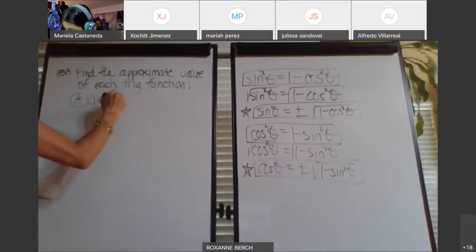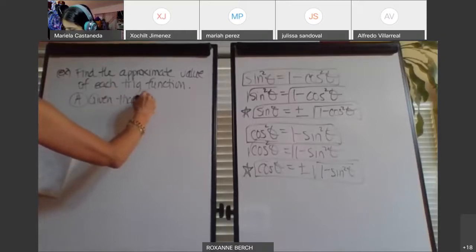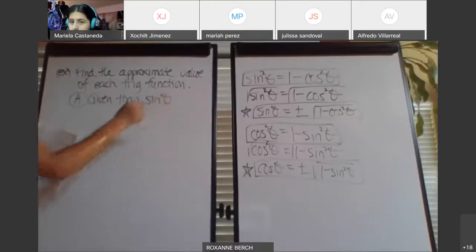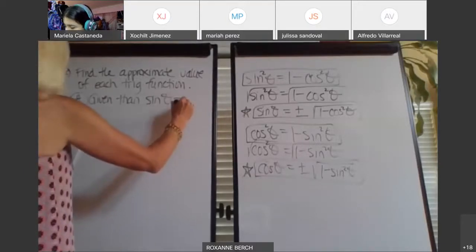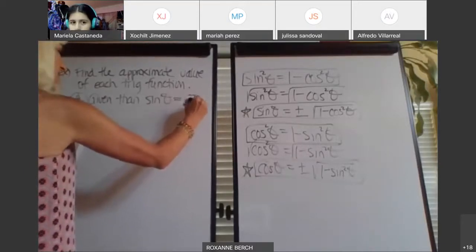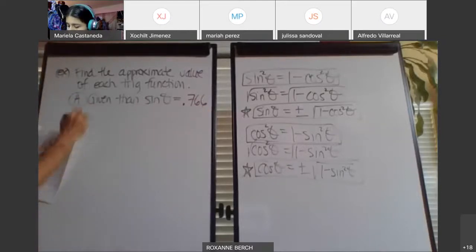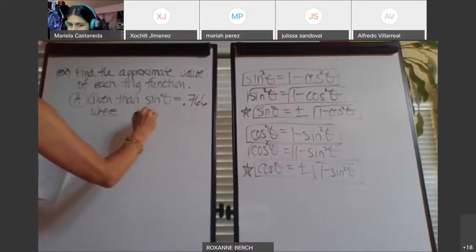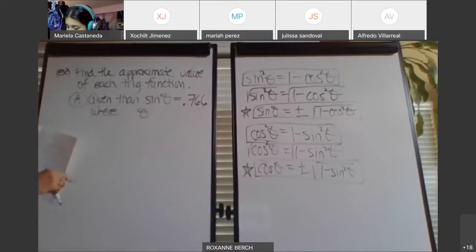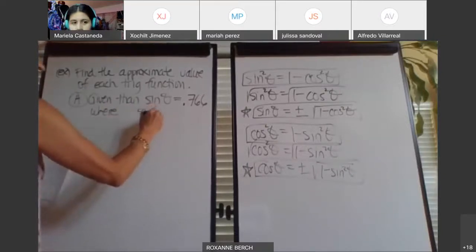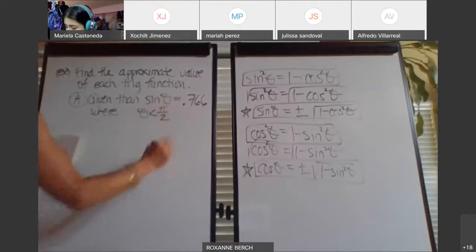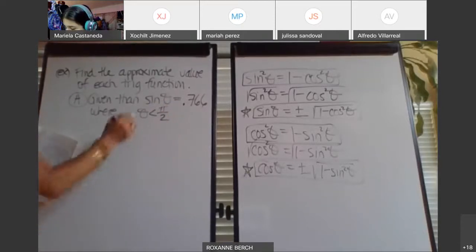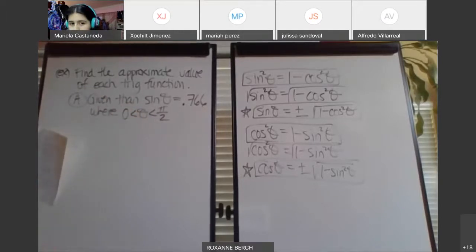Given that sine of theta, so remember theta is the angle, is 0.766, and they're going to say where theta, that's the angle, must be less than pi over 2, or 90 degrees, and greater than 0 radians.